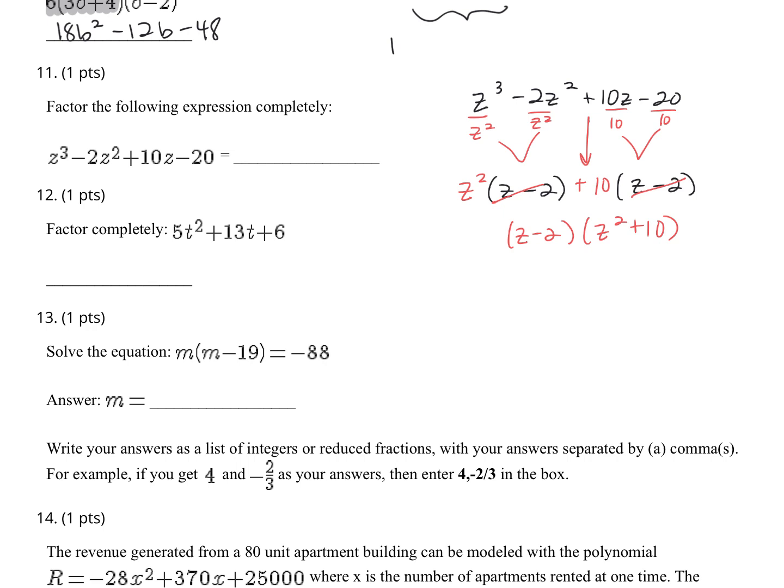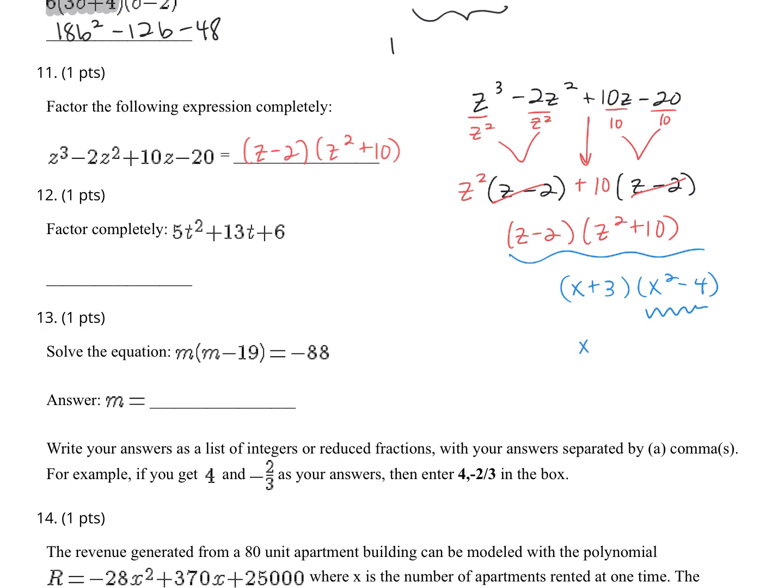That's factored completely because z squared plus 10 cannot factor any further. So I'm done. Now keep in mind, if I had gotten something like, let me just use completely different variables so that you know I'm making this up, if I had gotten x squared minus 4, this could factor again because it's a difference of squares.